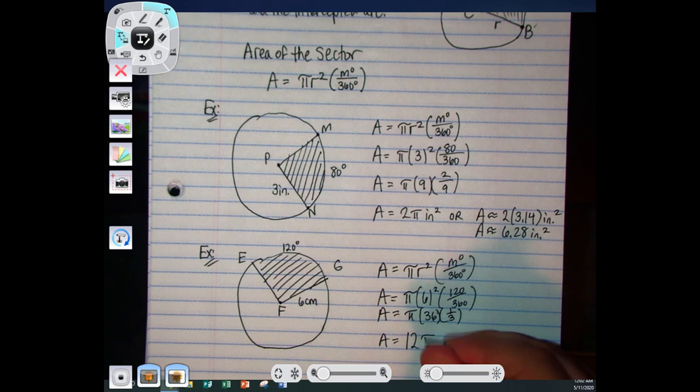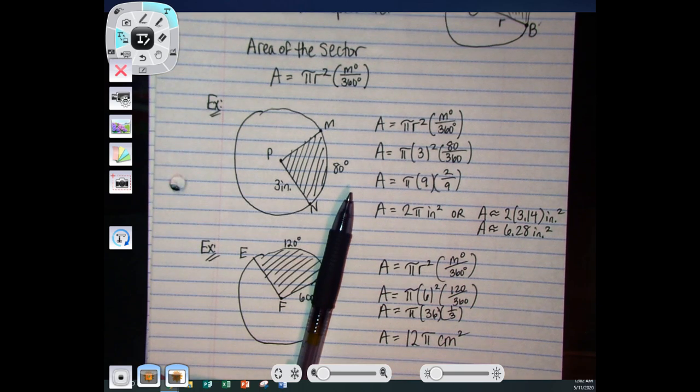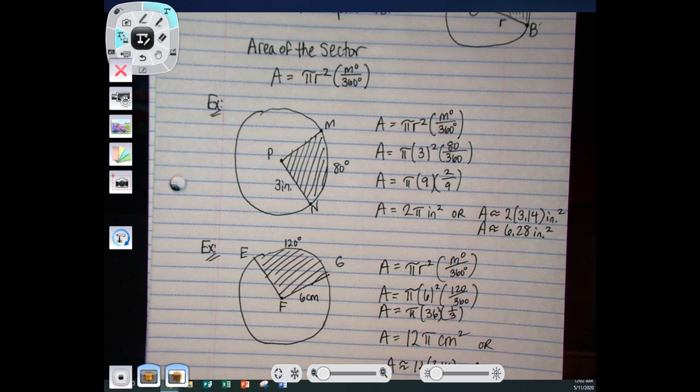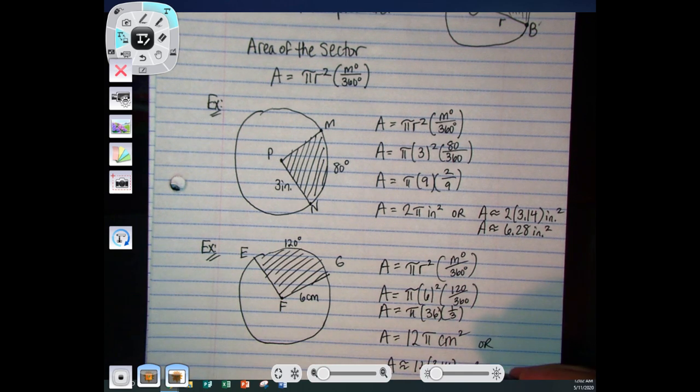So therefore, our answer is 12 pi centimeters squared. Okay. Or again, if you wanted to do the approximation for a decimal, we can substitute 3.14 in place of pi. And that would get us an approximation of 37.68 square centimeters.